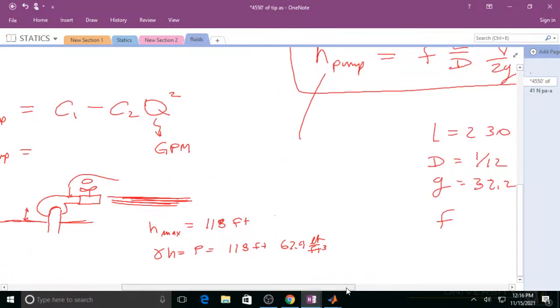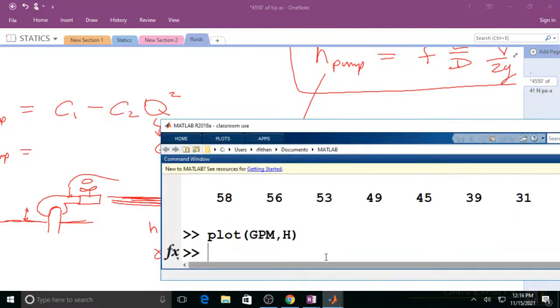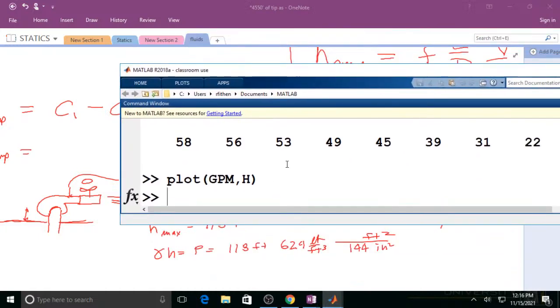But that'll give you square feet. If you want it in this, you would get that. So what is that equal to? 118 times 62.4 pounds.